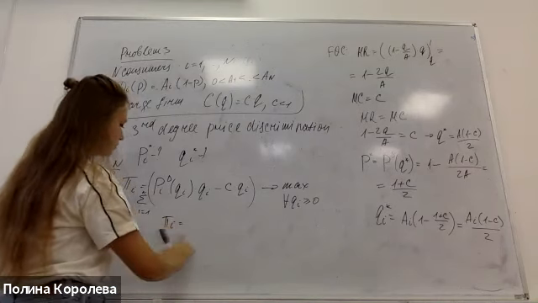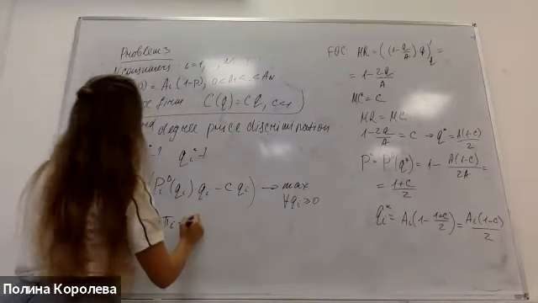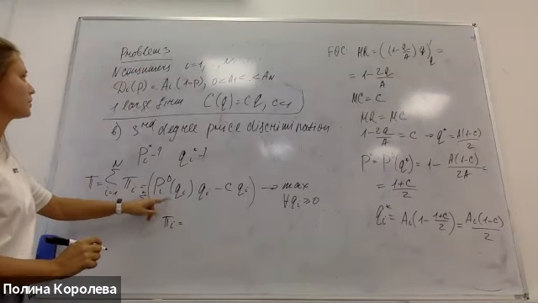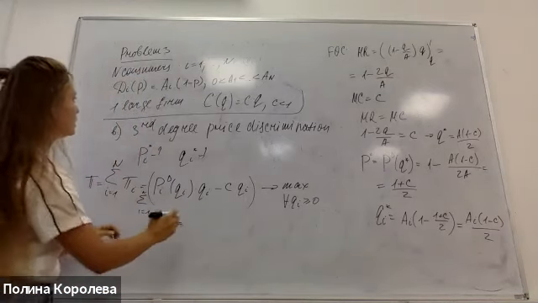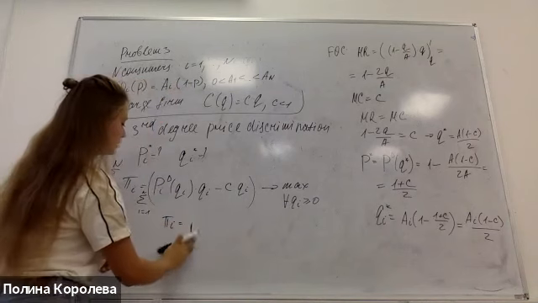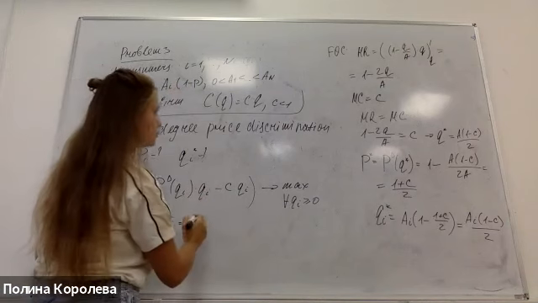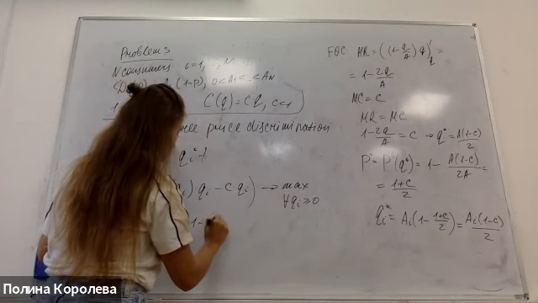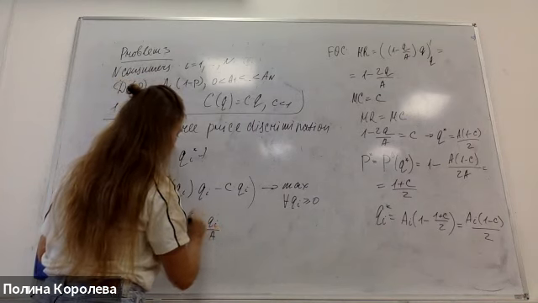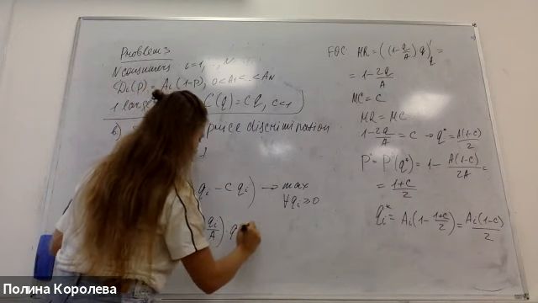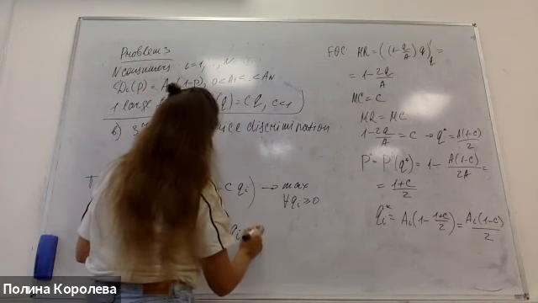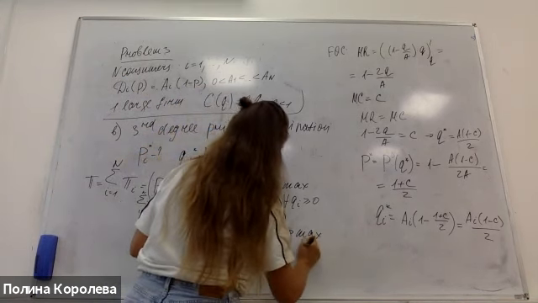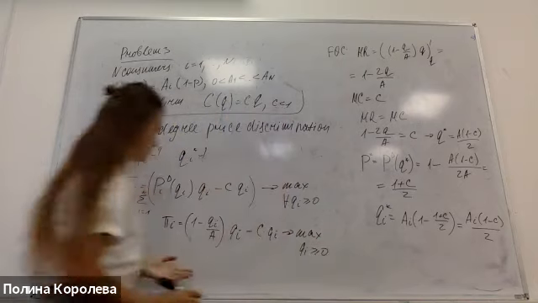So profit will be how much? Inverse demand from here. Okay, it will be like in the previous: (1 minus Qi divided by Ai) multiplied by Qi minus C, maximized over Qi greater or equal to 0.